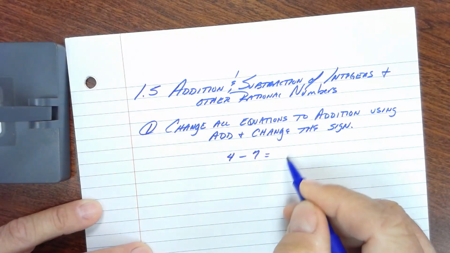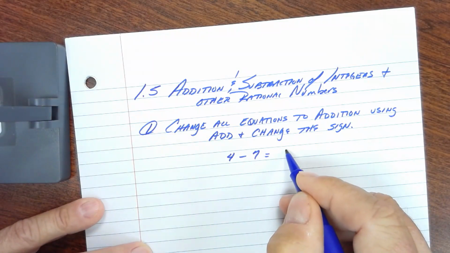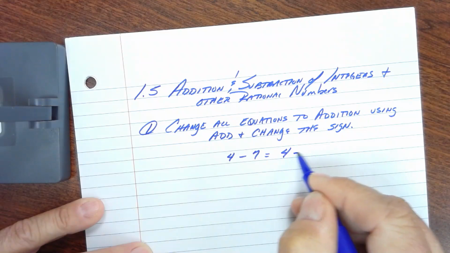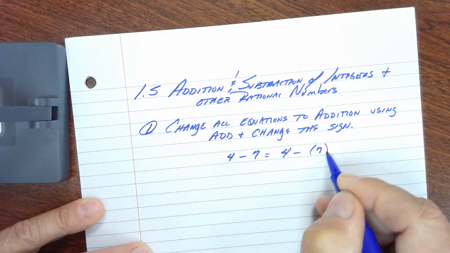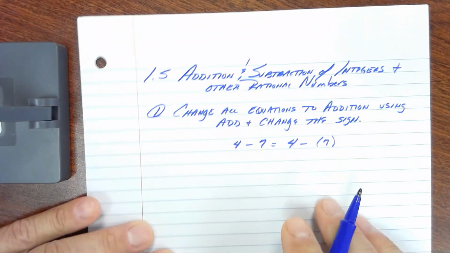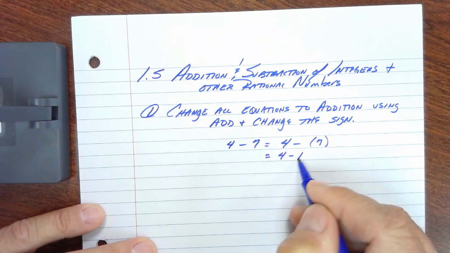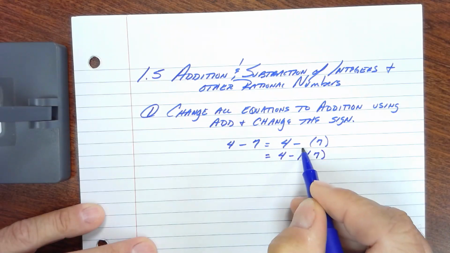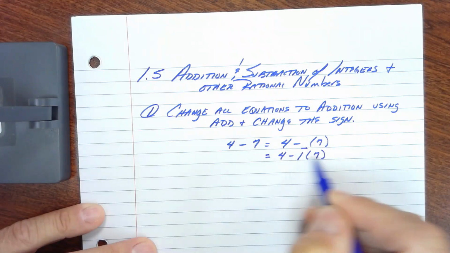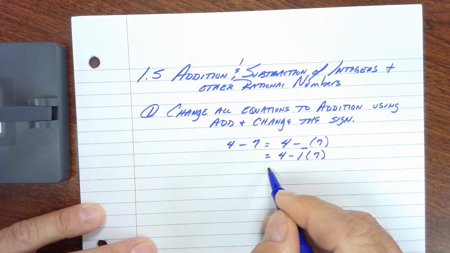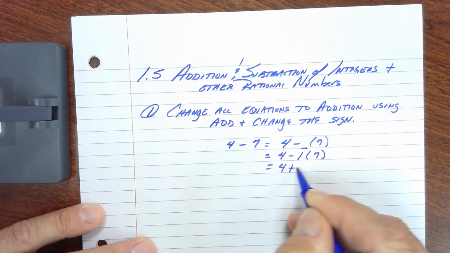is nothing more than putting this in parentheses, realizing that in order to get it out of parentheses, I have to multiply, and if there's not a number in front of parentheses, I know it's a 1. So this is 4 plus negative 7.